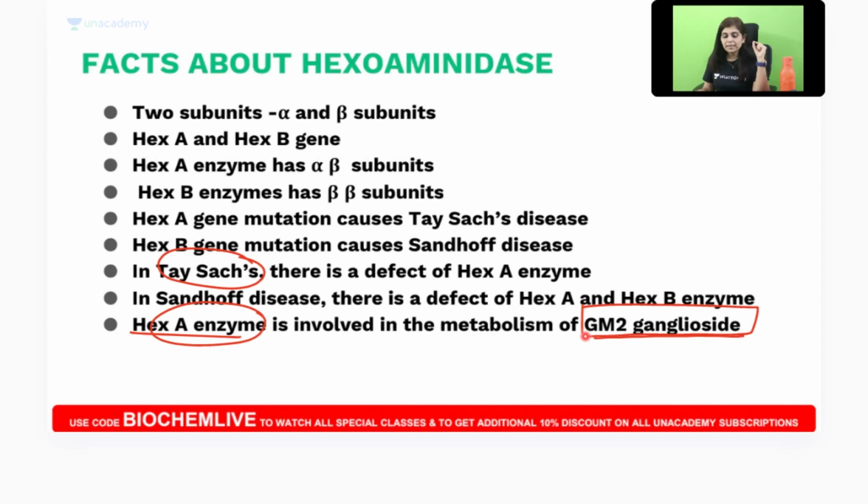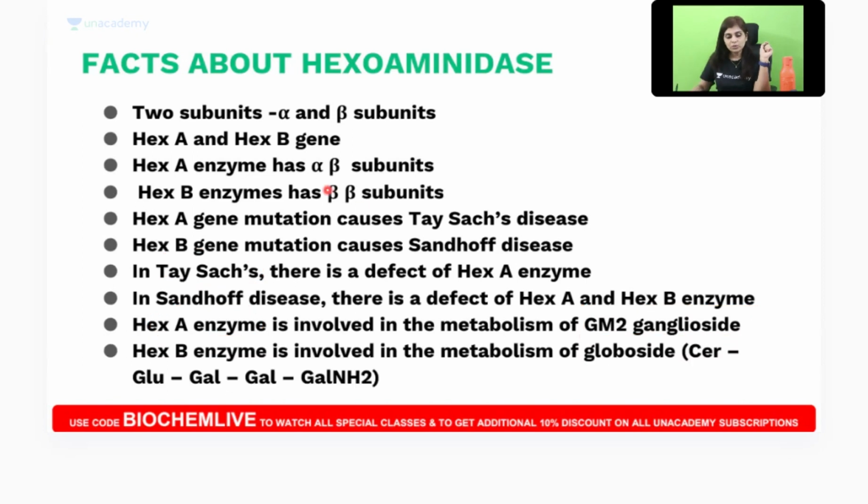Hexosaminidase B enzyme is not related to GM2 ganglioside metabolism. It is related to metabolizing a globoside. Even in this globoside, do you see a galactosamine? To metabolize this galactosamine, you need hexosaminidase.